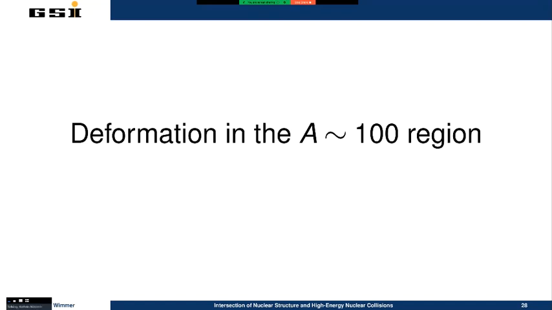Okay, so I can tell you a bit more about this nuclear deformation and changes of deformation in this region, because when I was initially asked to give such a talk for this EMMI workshop, it was all about these isobars. Zirconium-96 has attracted a lot of attention in the last, let's say, 5 years or so, because of its shape coexistence and shape transition.